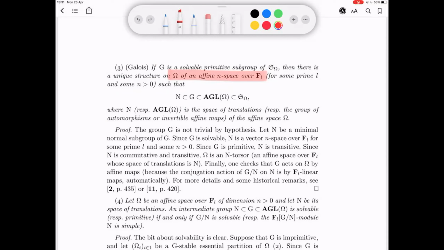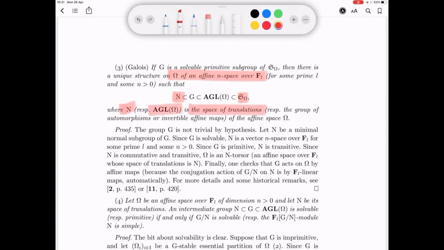And each element of that vector space gives you a permutation of this set omega, namely the translation by that vector. So N is the group of all such permutations. It's obviously a subgroup of S omega because every translation by any vector gives you a permutation of omega, right? So N here I've explained is the space of translations.